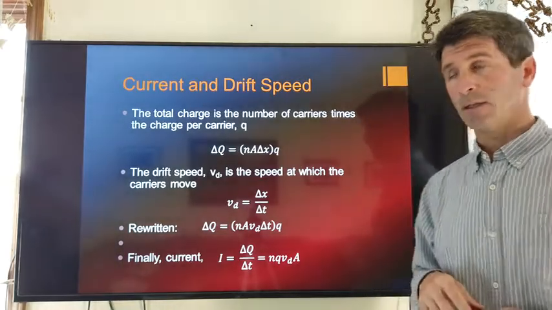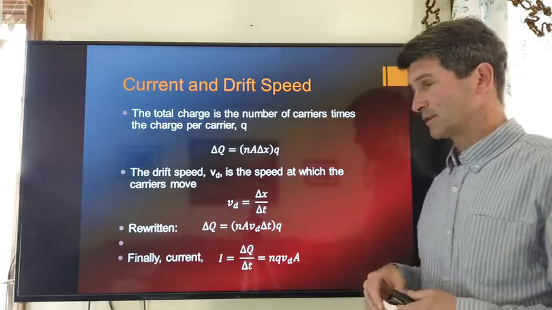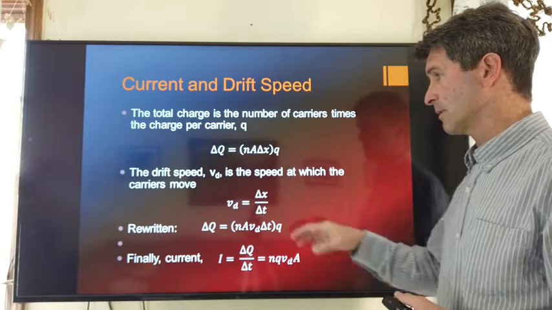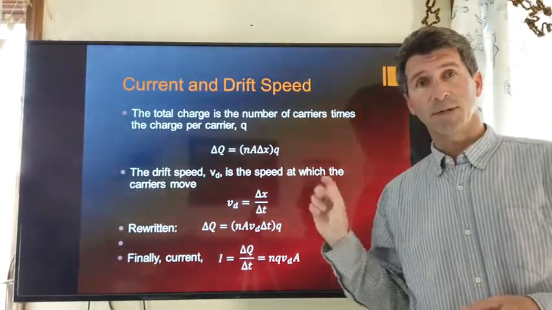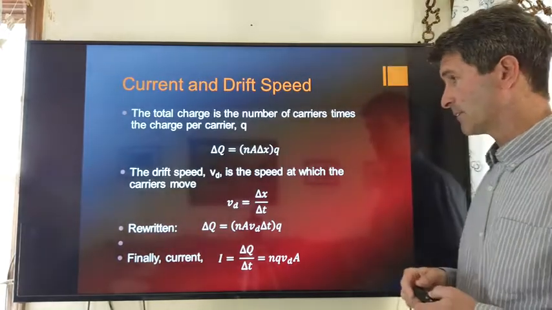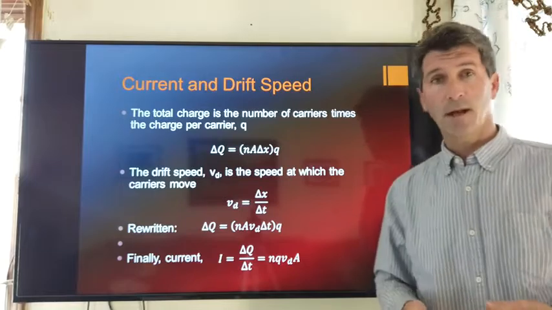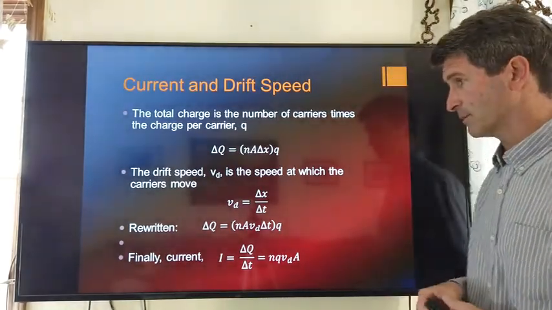Most wires are cylindrical, so that area is going to be pi r squared, where r is the radius of the wire. Delta x, again, represents the length along this wire. And obviously Q is the charge per carrier, which if we're dealing with electrons, would be the elementary charge.